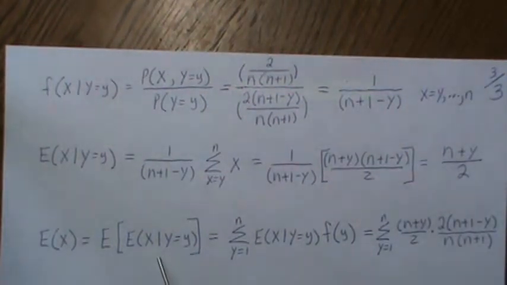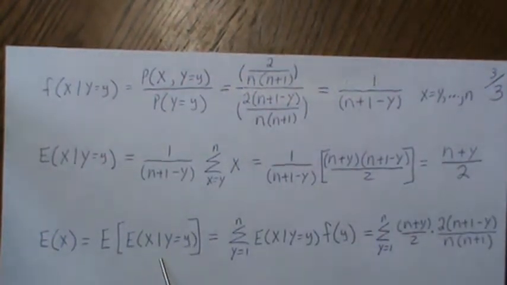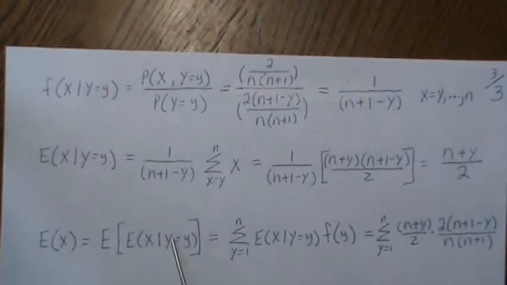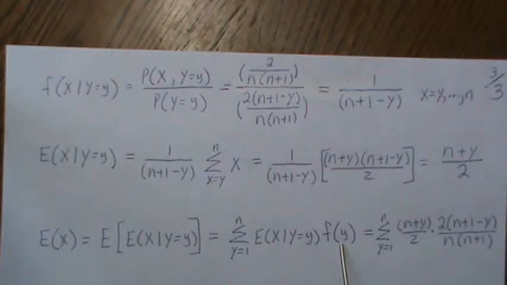And now we're going to use what's called LOTUS, the law of the unconscious statistician, so look that up, where we don't have to actually have the distribution of this function, but because it's a function of y, we only need the distribution of y. So it says stick this value and take it times the function of y, and we get this.